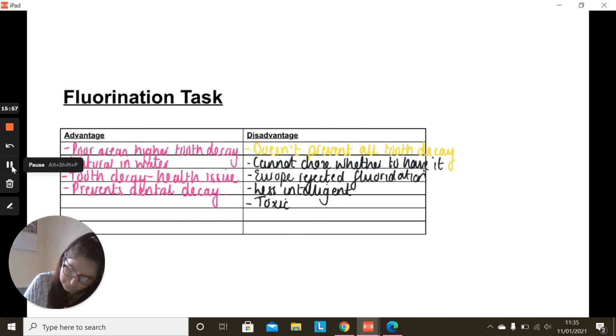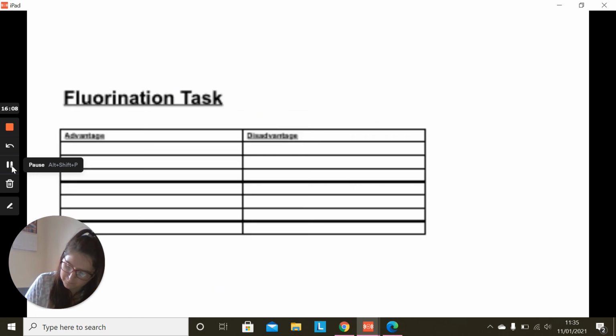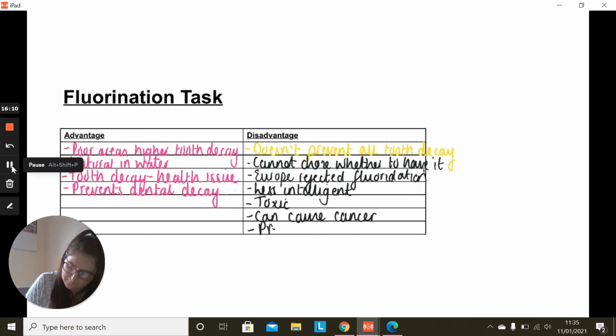Can cause cancer. And then we have only available by prescription. Okay, so that's what we are looking at there.